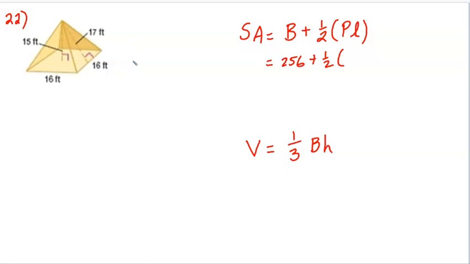And L is the slant height. So slant height here is, it's this dotted line, 17. So 64 times 17. And then I'll just go ahead and write that in. So that's the perimeter of the base times the slant height, and then we're basically just going to take half of that.